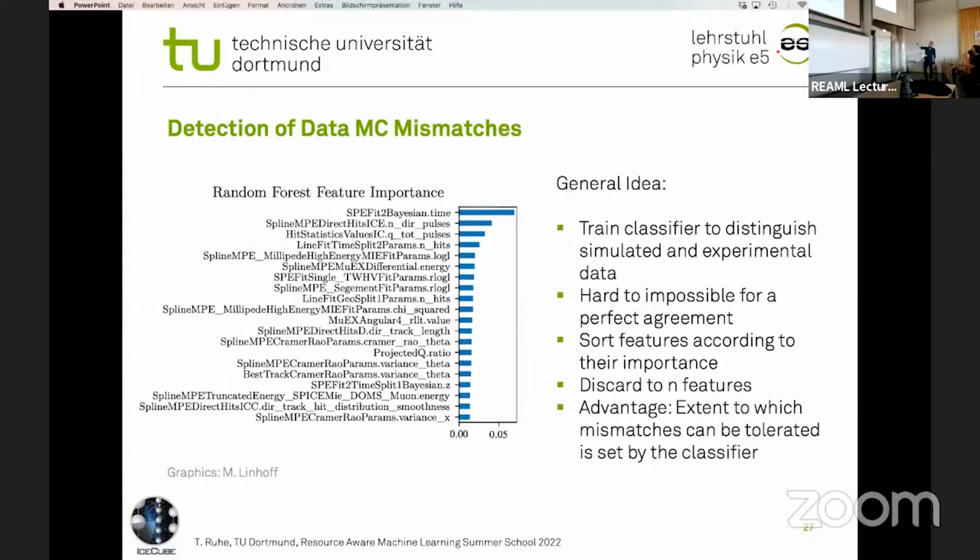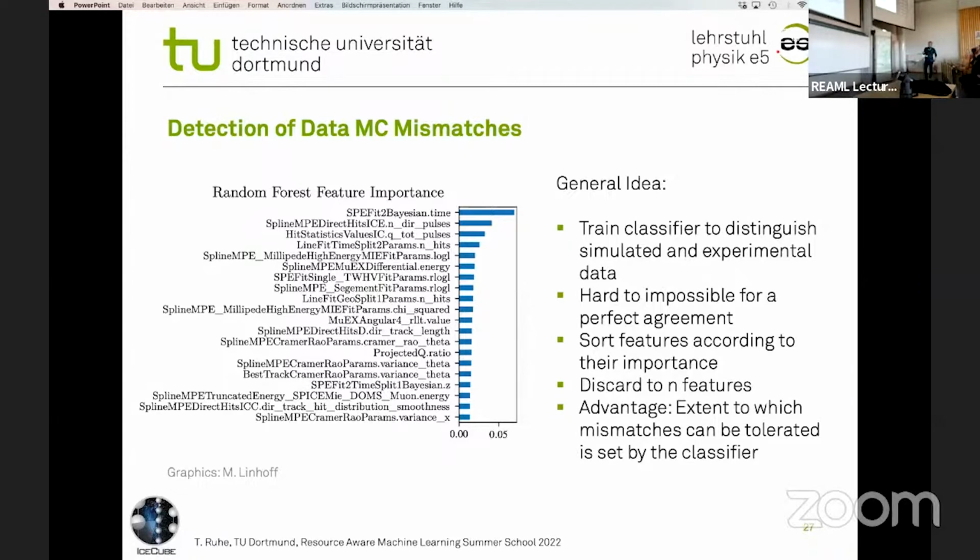Well, as you have seen, our simulations are not perfect. So once I run this, I can sort the features according to their importance, and I can go ahead and discard the top N features. This has the advantage that I can exclude the mismatches to an extent where the classifier is not affected by them anymore.